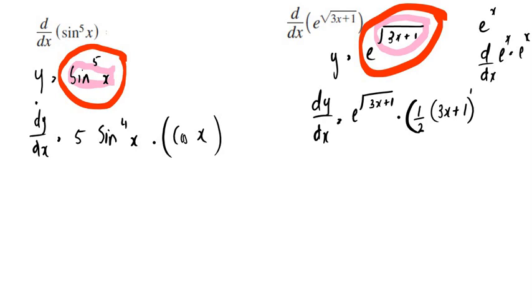So we multiply by the power half, and because the power is half, we write 3x plus 1, then it's half minus 1, and then we again multiply by the differentiation of this function, 3x.